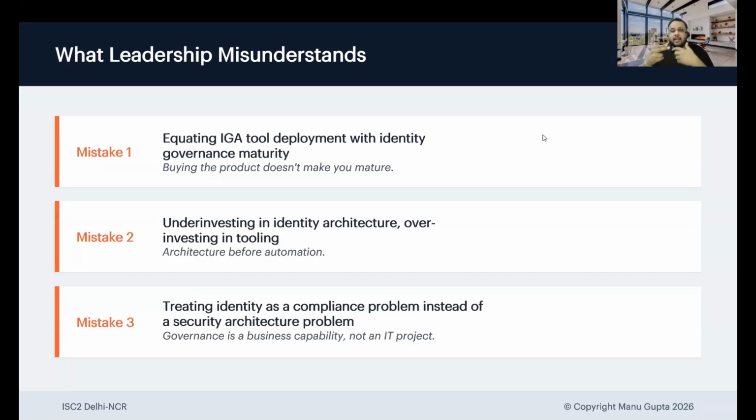So you need to invest in the architecture and building those processes. Make sure that adoption is there, that change management is there, right? And it takes investment. And then third is that you just treat identity as a compliance problem rather than very much a security architectural problem, which it is, right? So these are some of the common things that we have seen amongst other things.